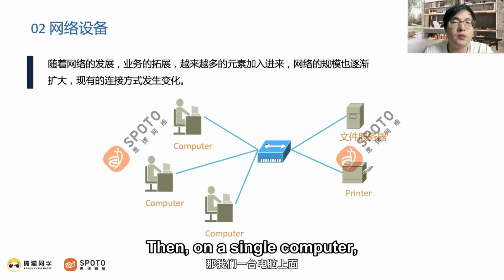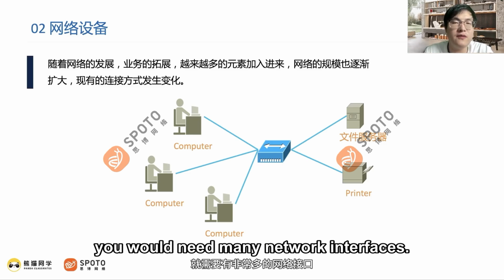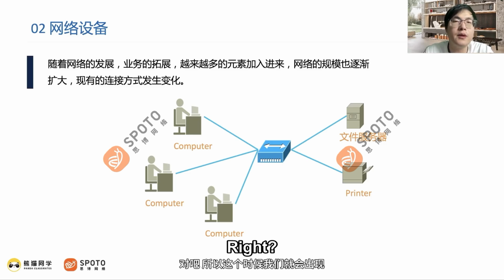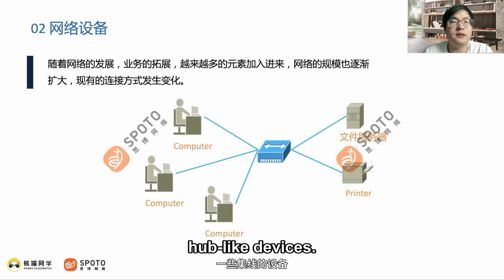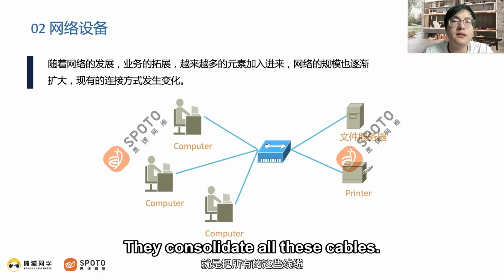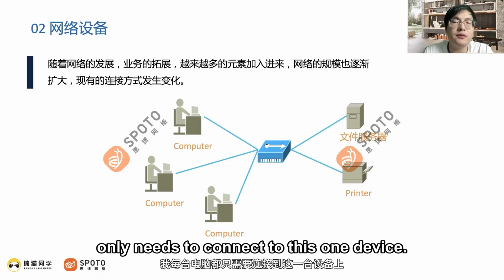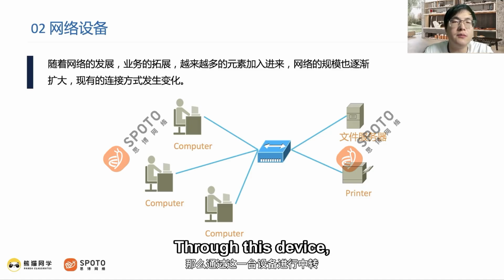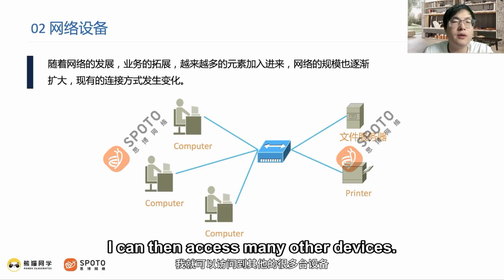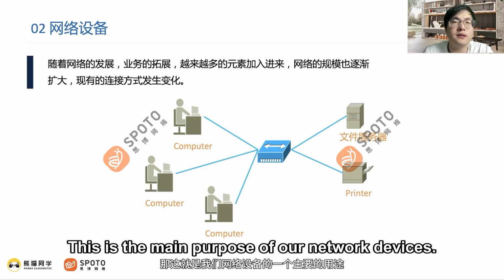Then, on a single computer, you would need many network interfaces. So, we introduce some hub-like devices. They consolidate all these cables. All are centralized. Each computer only needs to connect to this one device. Through this device, I can then access many other devices. This is the main purpose of our network devices.